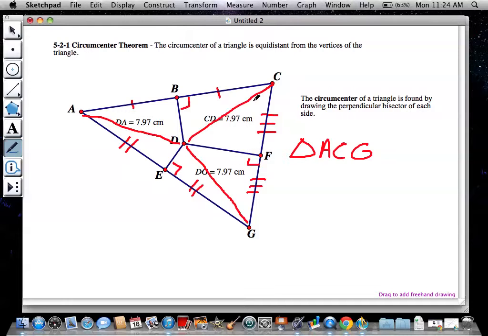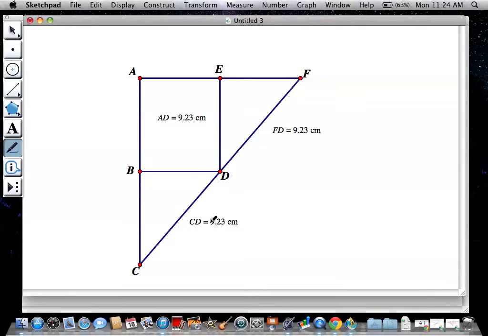Okay, now, the circumcenter of a triangle isn't always found inside of the triangle. If you notice here, I have three acute angles. So if I have a three acute angle triangle, an acute triangle, it's going to be located in the center. The circumcenter for a right triangle, if you notice here, perpendicular, so that's the midpoint, 90 degrees, midpoint, 90 degrees.